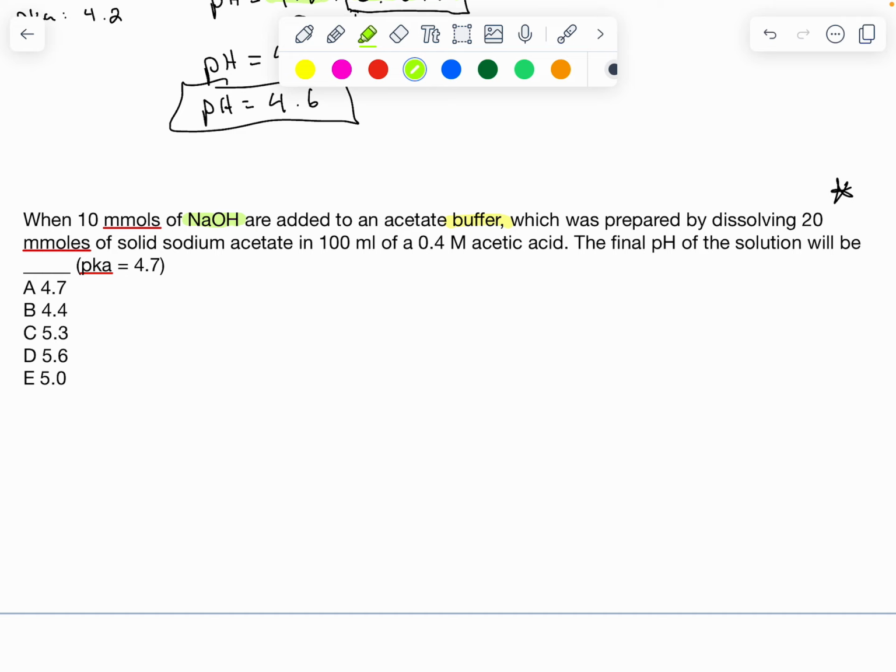But basically, when 10 millimoles of NaOH are added to an acetate buffer, which was prepared by dissolving 20 millimoles of solid sodium acetate in 100 milliliters of a 0.4 molar acetic acid, the final pH of the solution will be blank, and he gives us the pKa of 4.7.